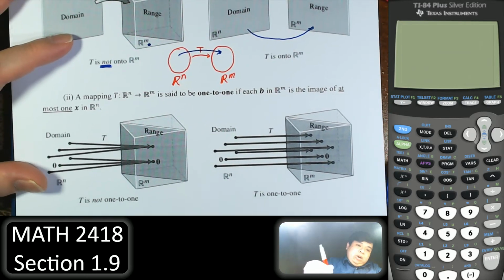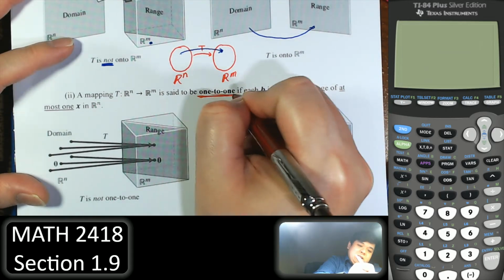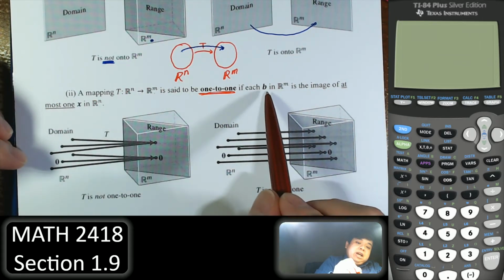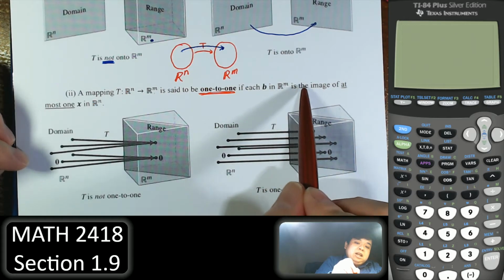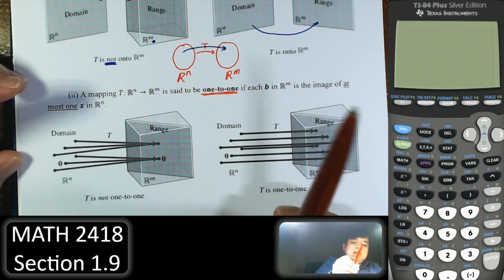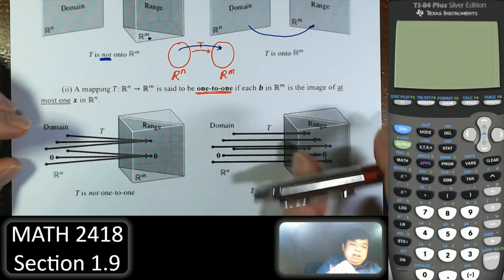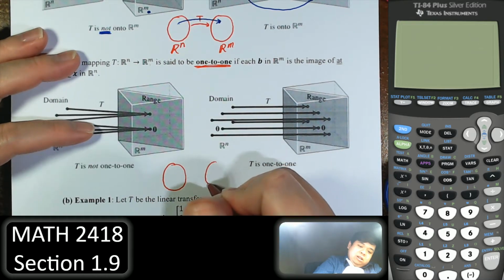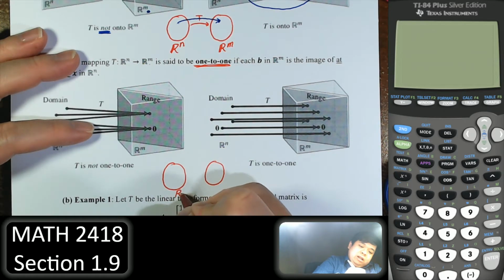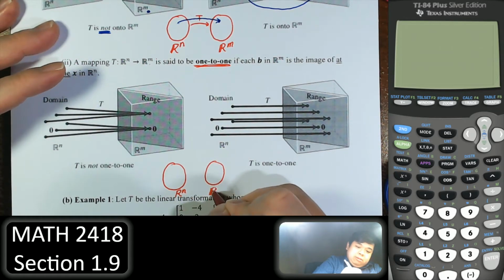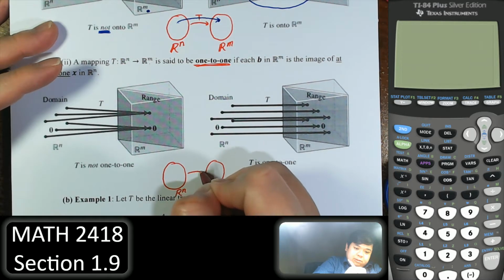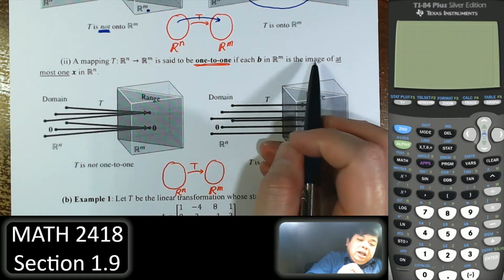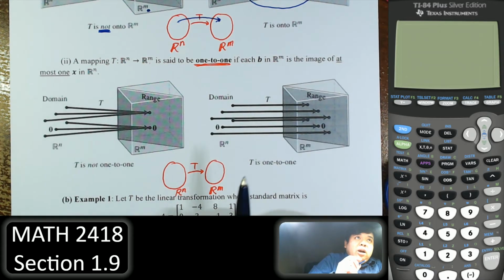Next, we have one-to-one. Once again, T is a mapping from Rn to Rm, and each b in Rm is the image of at most one x. So we still have the same scenario, going from Rn to Rm. It says here that each b is the image of at most one x from here.